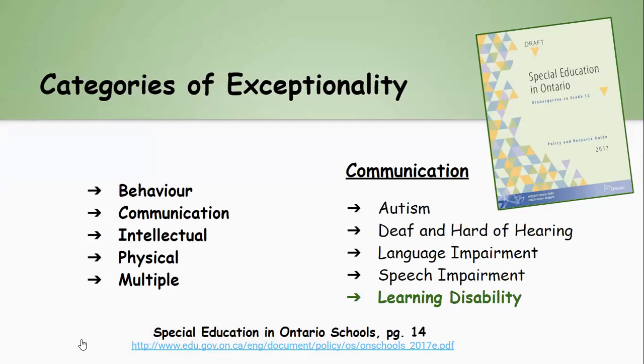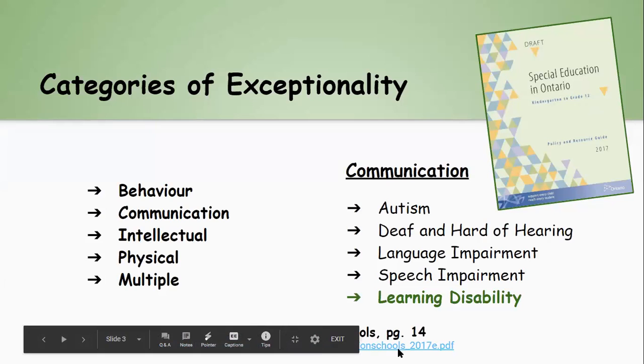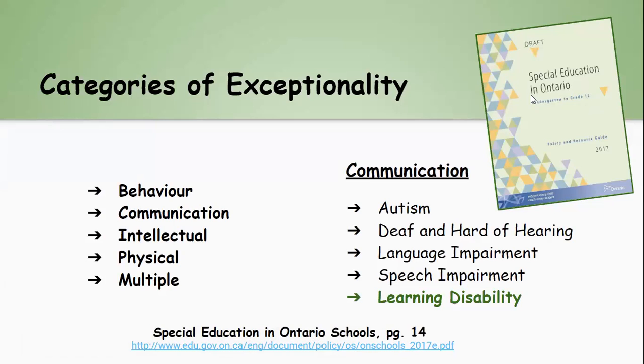So we're going to start by talking about the areas of exceptionality. The Education Act identifies five categories of exceptionalities for exceptional students within our board. I've included a link at the bottom of this slide to the Special Education Guide in Ontario, and on page 14, it talks about the different exceptionalities and provides definitions.